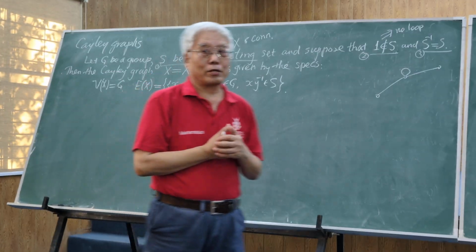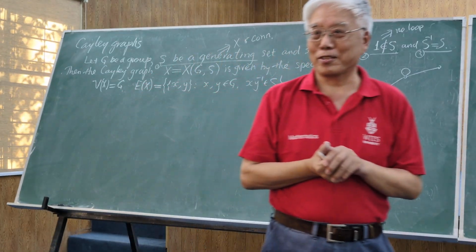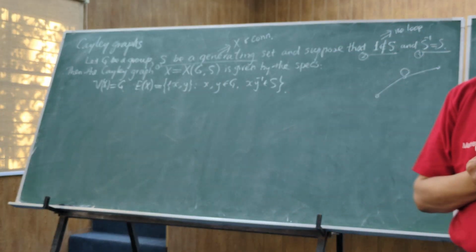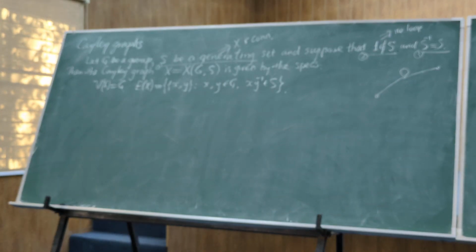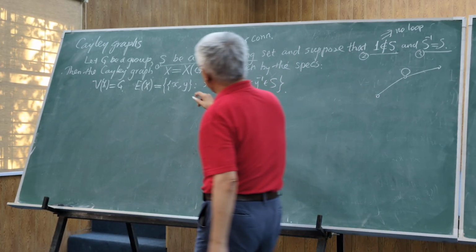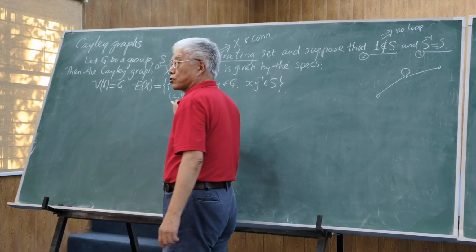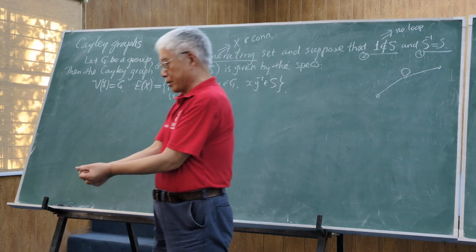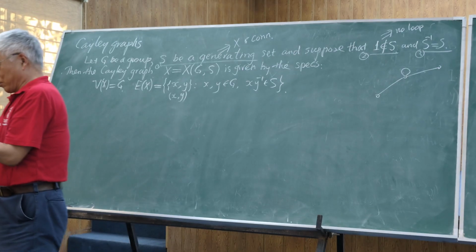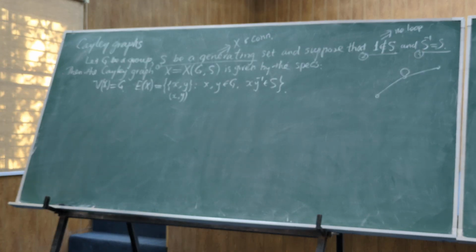What is inverse closed? That condition. Why do we have S inverse equal to S? Direction does not matter; the graph is undirected. If S is not closed under inverse, you will get a directed graph, where an edge is an ordered pair (x, y) in round brackets. To drop that, we don't go back and say we don't include the diagonal and forget the order.